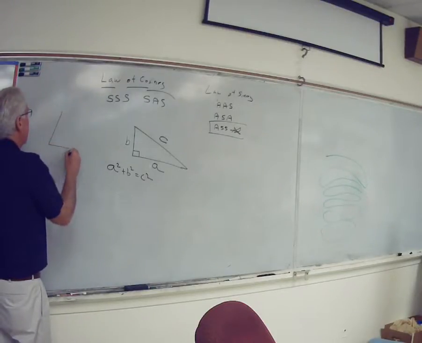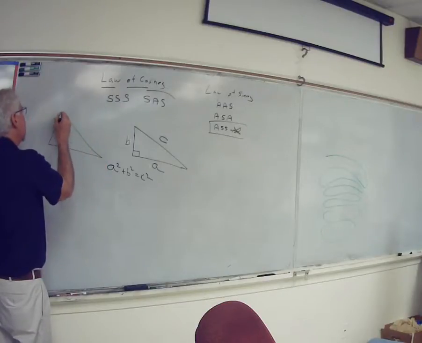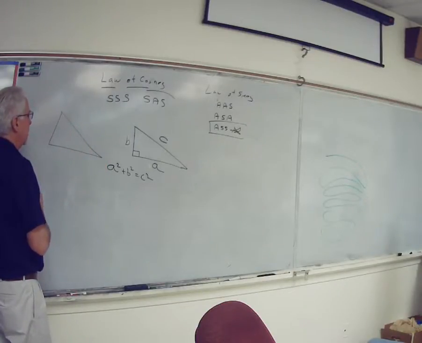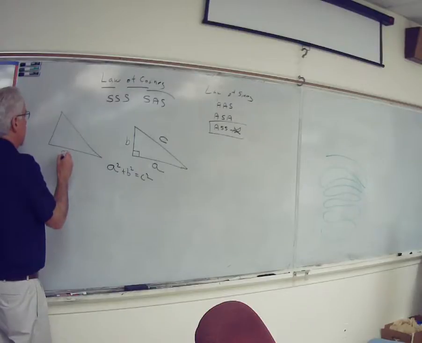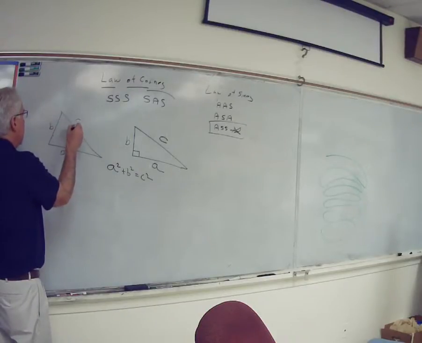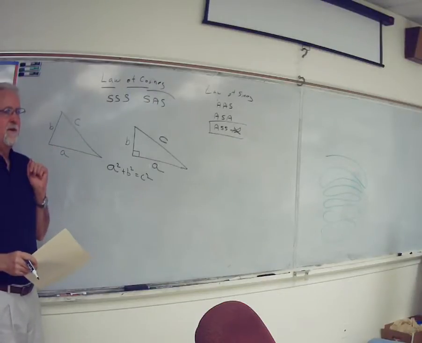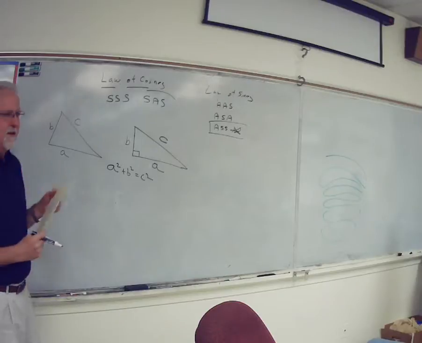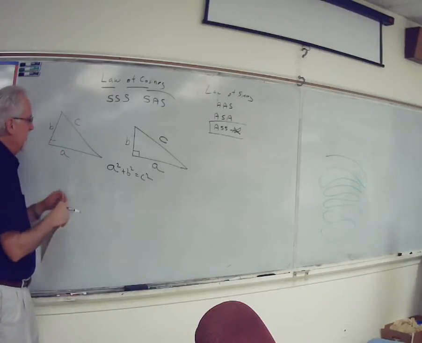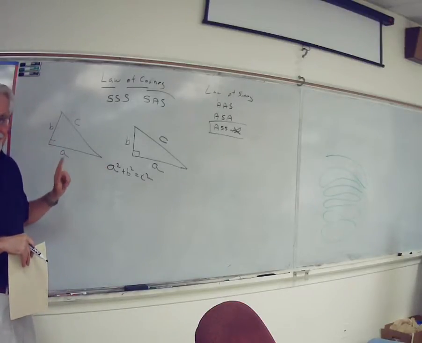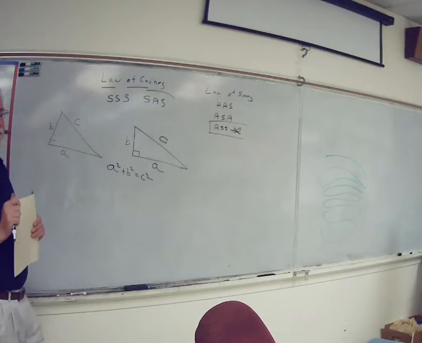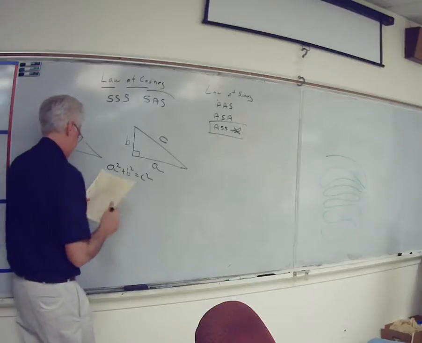I should have given you this other triangle, called this A, this B, and this C, and given you a problem, and you would have worked it. And what's the problem with that? It's not a right triangle, so that's not true. I bet I could have fooled you on that.